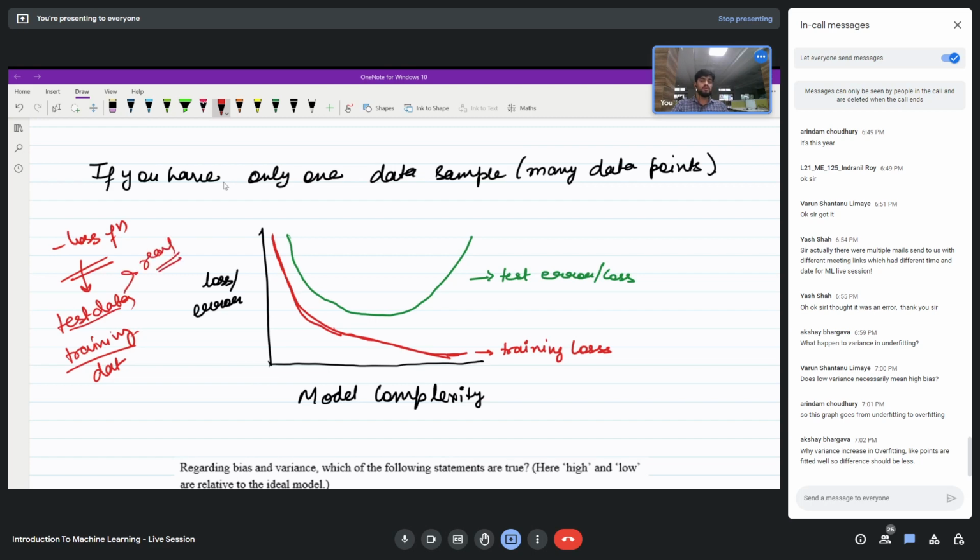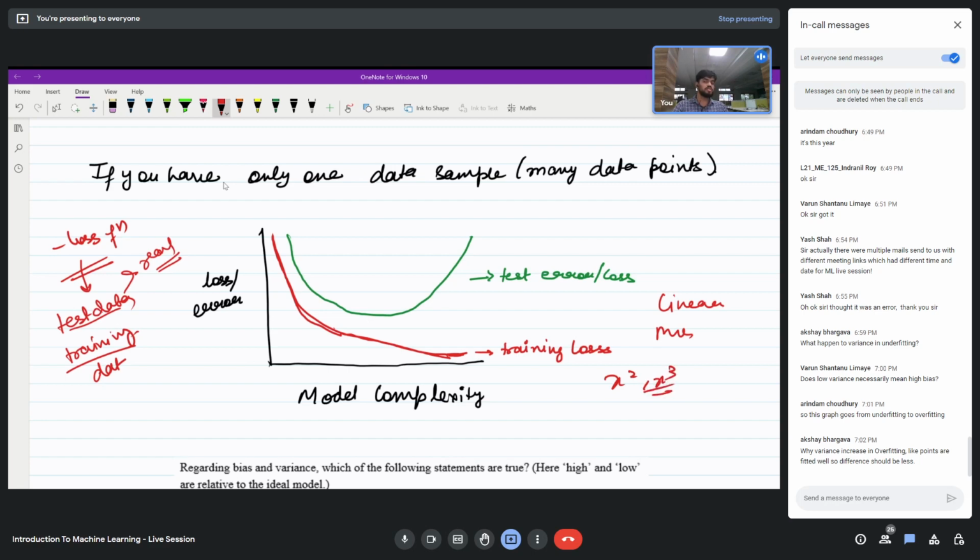Okay. So when we increase the model complexity, we see that the training loss is decreasing. So when you train your model next time, probably in linear regression, when you take more and more features, your training loss will start decreasing. Or if you increase the complexity, you take x square, you take x cube also, your training loss will decrease.